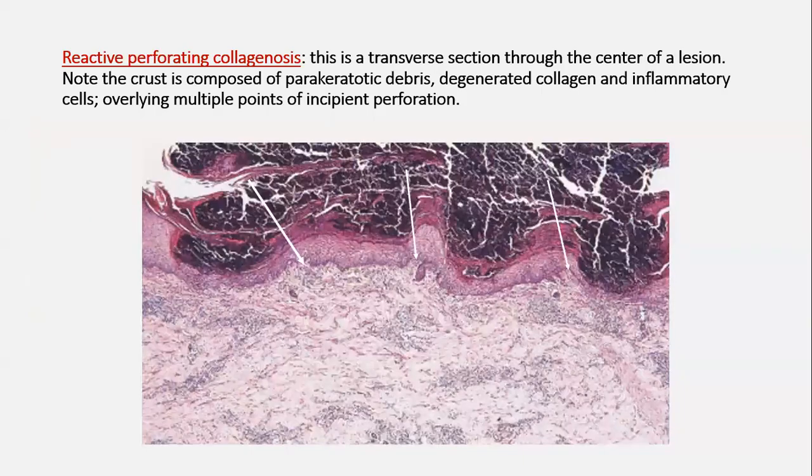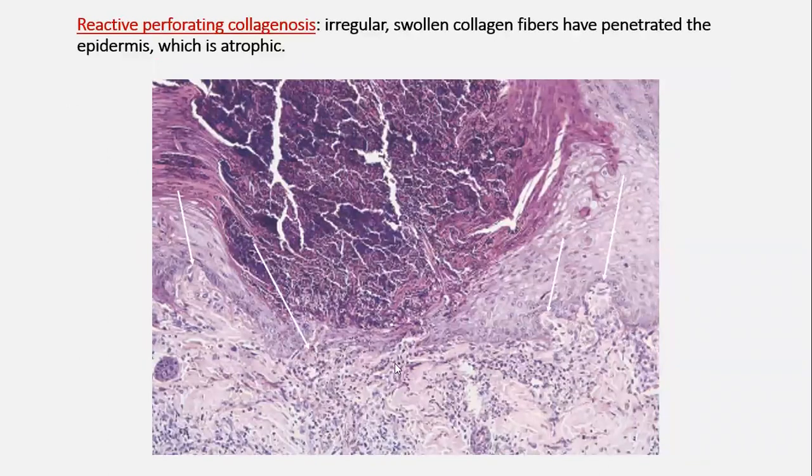If we go for histopathology, the transverse section through the center of the lesion shows a large crust comprising parakeratotic debris, degenerated collagen, and inflammatory cells, and multiple points of incipient perforation. These are the points of perforation, so you can see these perforating channels.